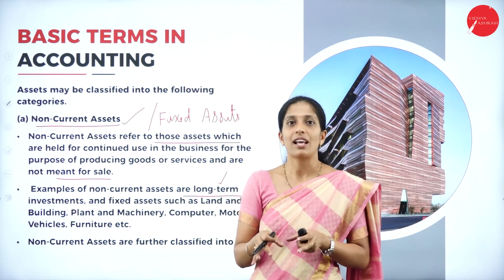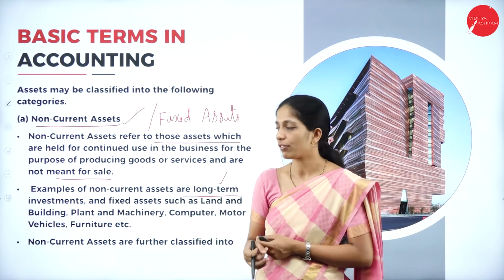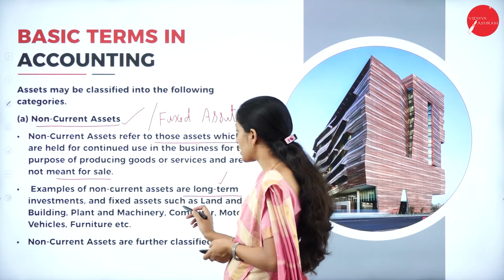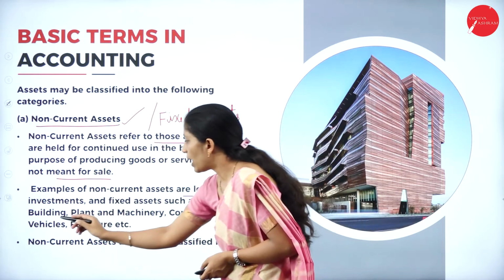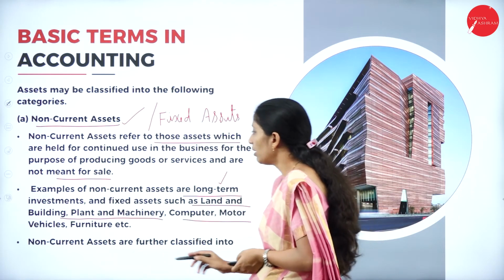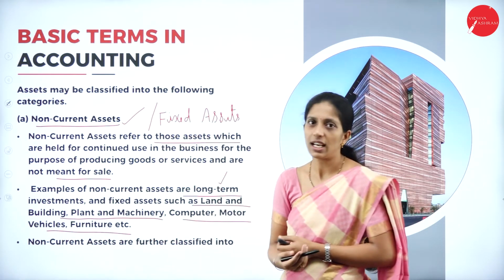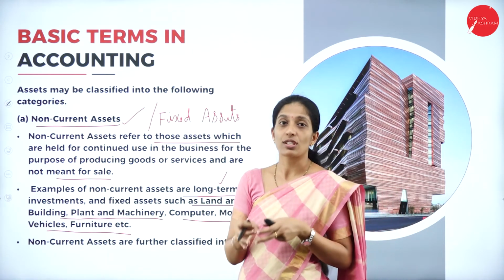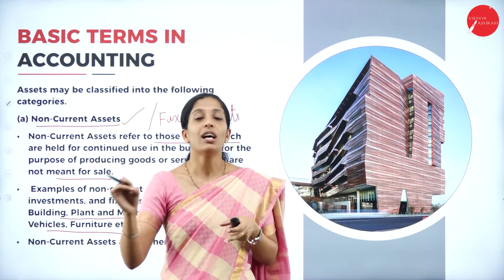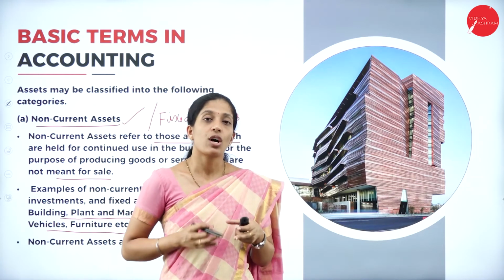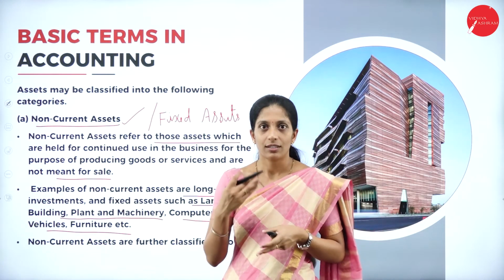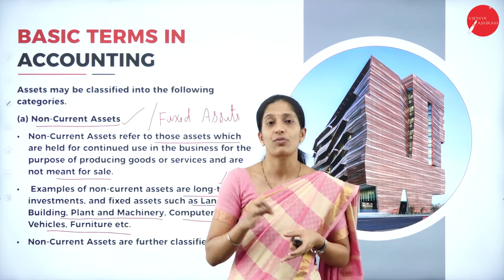For example, long-term investments and fixed assets such as land and building, plant and machinery, computer, motor vehicle, furniture, etc. If you purchase this asset once, it will be there in the business for a longer period of time. Unless it comes to a position where it has to be sold, only then will the asset be sold.